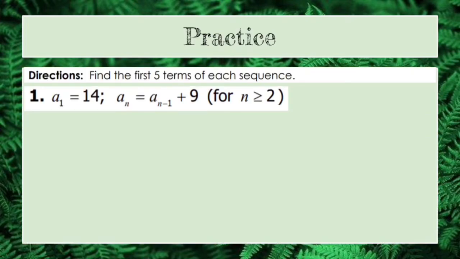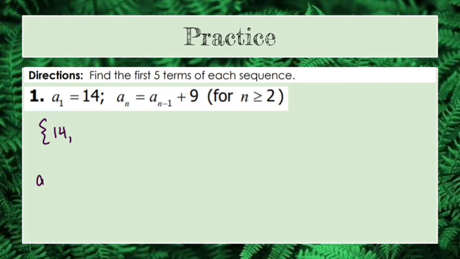So let's go ahead and actually dive into some math, finally. Number 1, find the first 5 terms of each sequence. The first thing that we want to do is make our little brackets. And it tells us that the first term, A sub 1, is 14. Now, we want to find A sub 2. So we're going to plug 2 in for n.